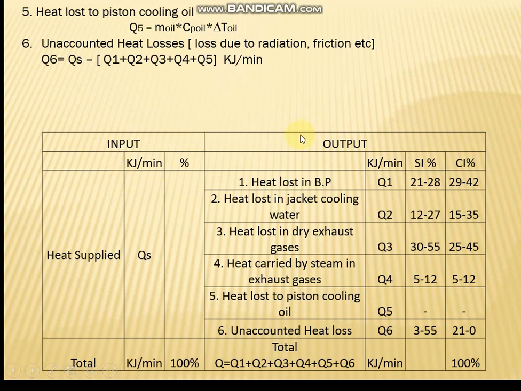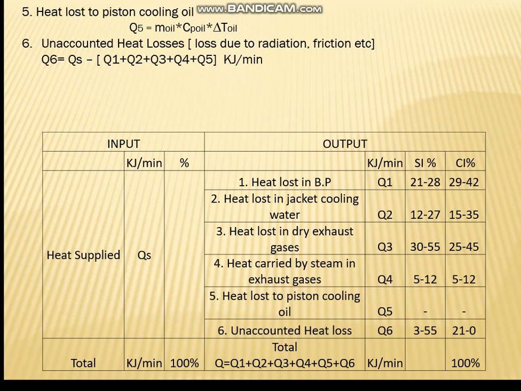We can draw the heat balance sheet for the experiment on a diesel engine and a petrol engine too. In the lab we have a petrol engine and a diesel engine, so we can measure the various parameters, calculate the performance and heat balance sheet, and at the end of the experiment draw this heat balance sheet and compare the results.